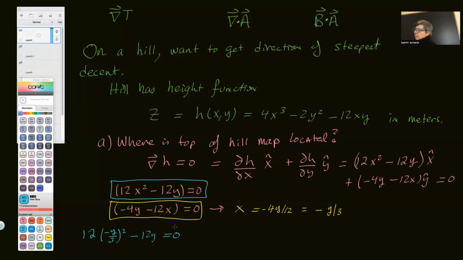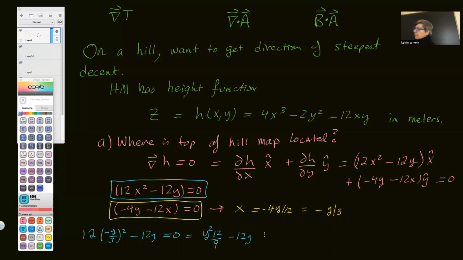Let me just do a little algebra on that. So this is going to be y, and then 12 over 9, right? Minus 12y. This is squared, my bad. Yeah, thank you for catching that.